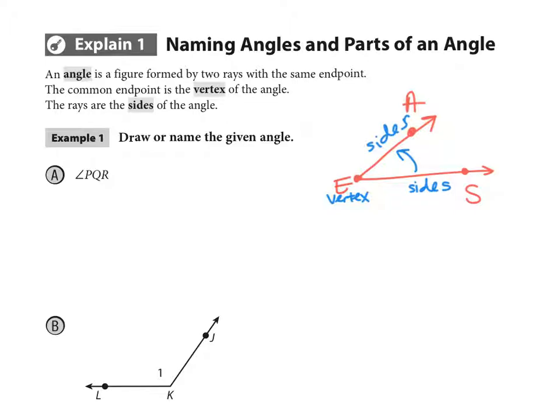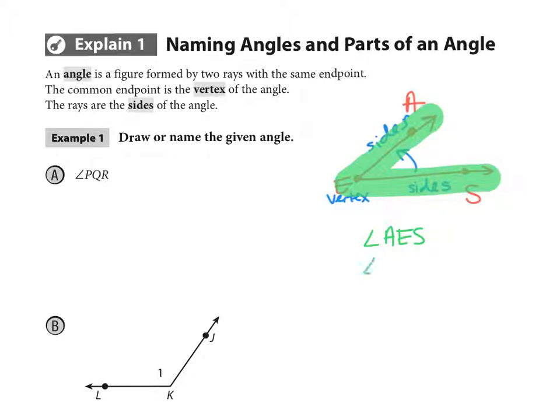So thinking about that, one way to name this angle would be AES. And remember I told you mathematicians are smart, they use good symbols, so they could say symbol AES. This little symbol that they use looks like an L, but think about it like an angle sign. It's like they're drawing a little angle before they name it.